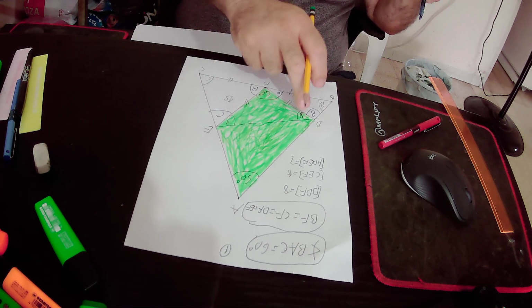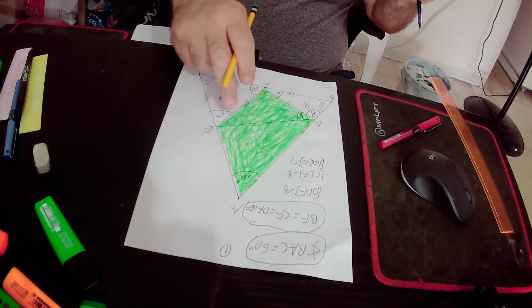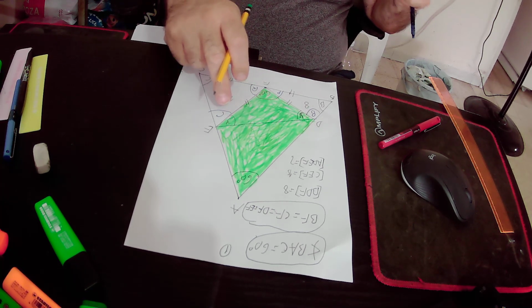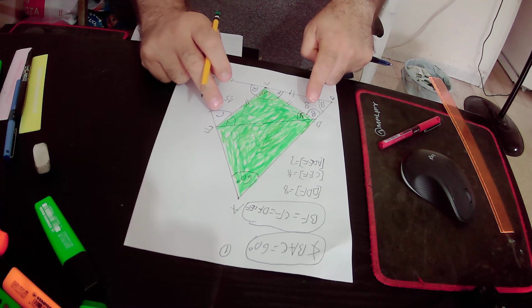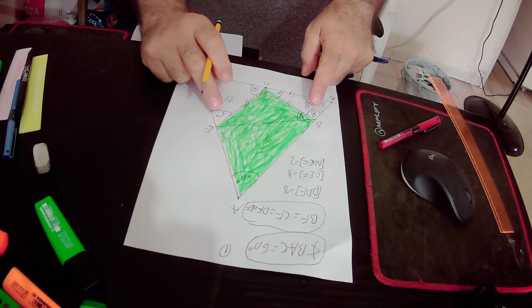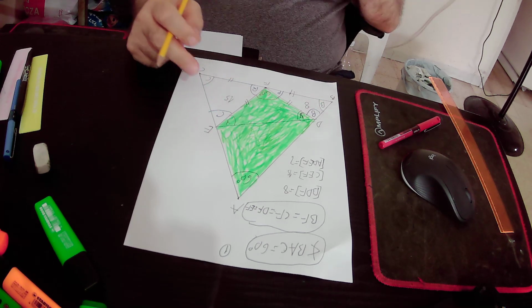So if this angle is Y, then this angle also must be equal to Y, because those two angles are located in front of equal sides, therefore they are equal to each other.